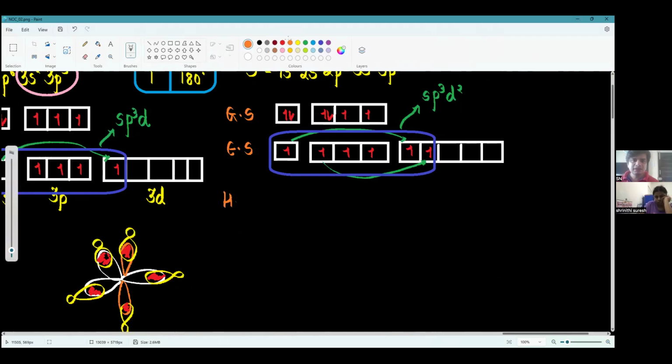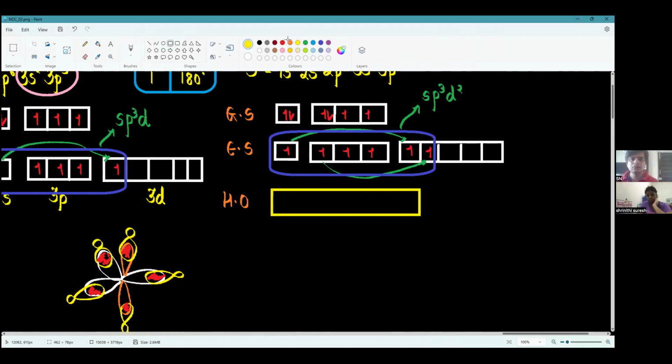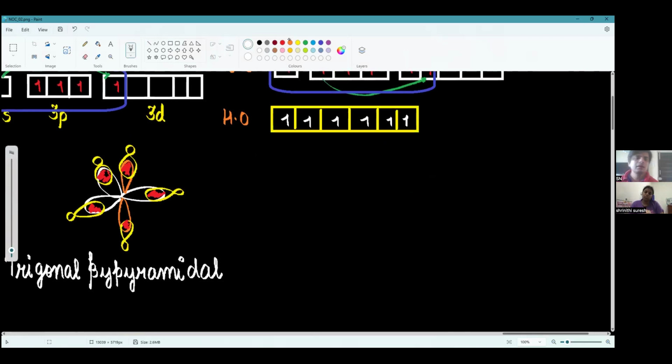There will be six orbitals, and all six will have the same name, sp3d2, and all of them have one unpaired electron. How are you going to arrange them in space? In the form of an octahedron. Now, how does the octahedral shape look? It will be four orbitals like this.